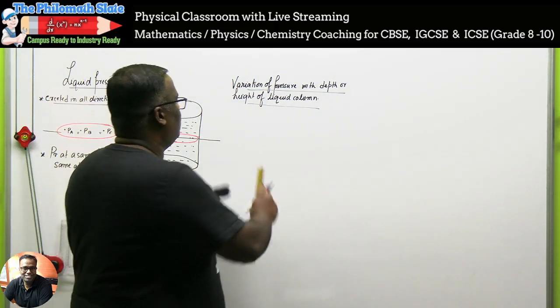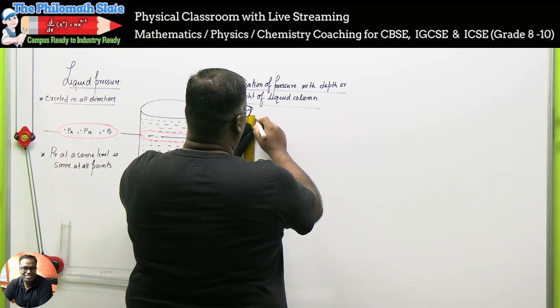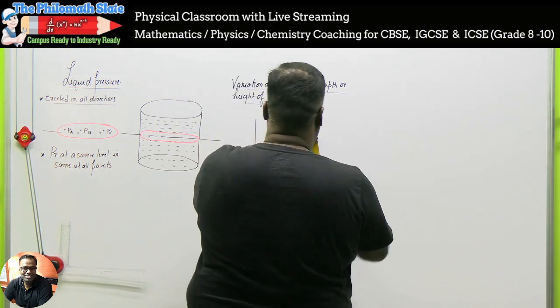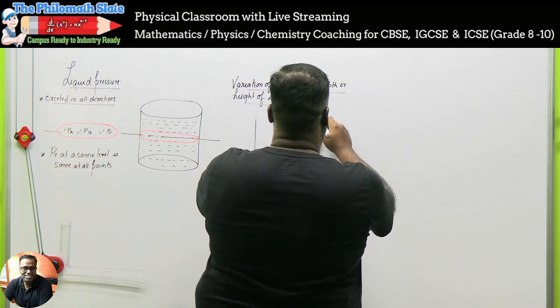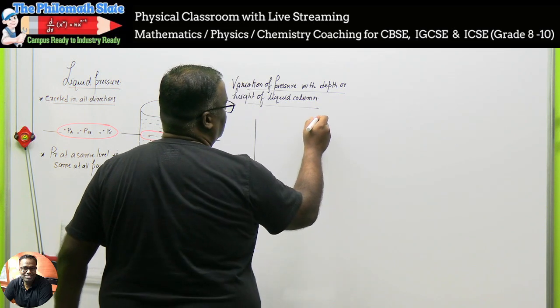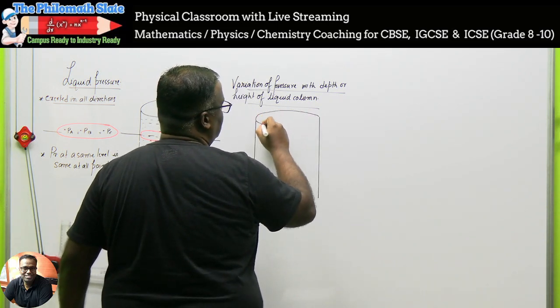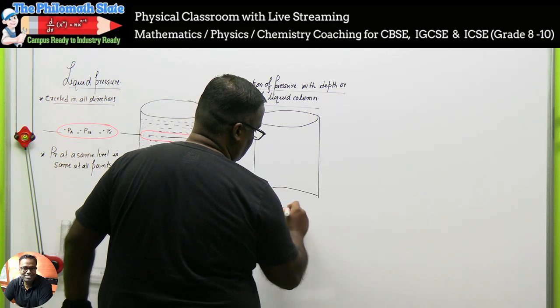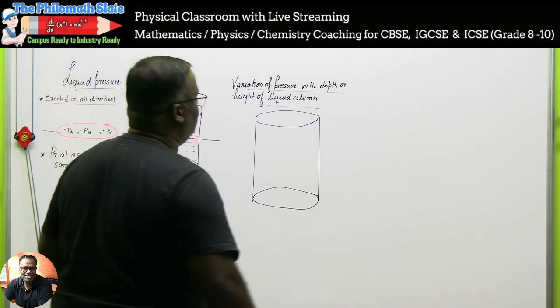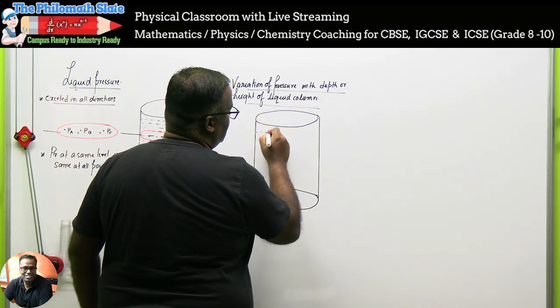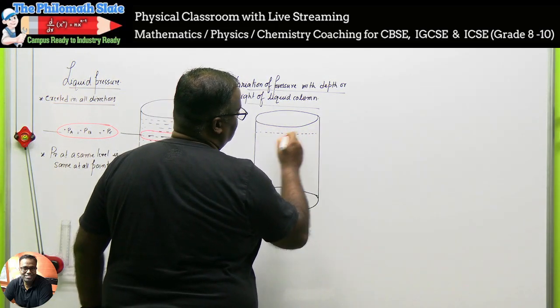This is also a very nice derivation. You'll understand it. The takeaway is more important here also. So I have a cylindrical vessel, and in this cylindrical vessel, let's say I have liquid till this level.